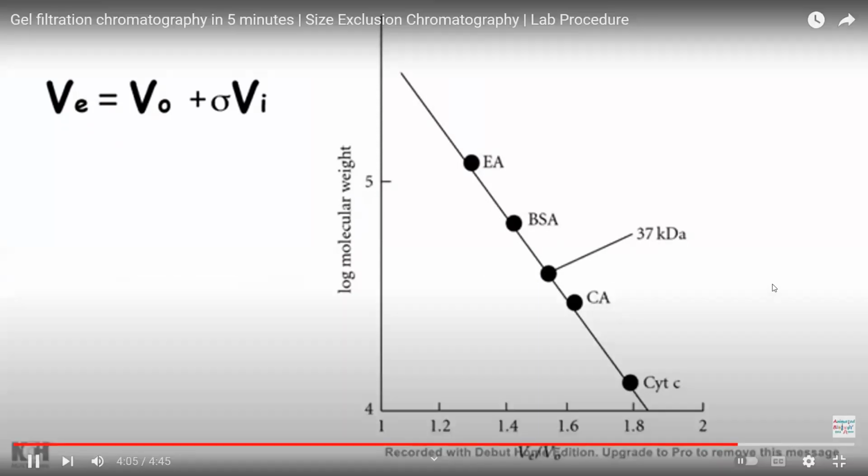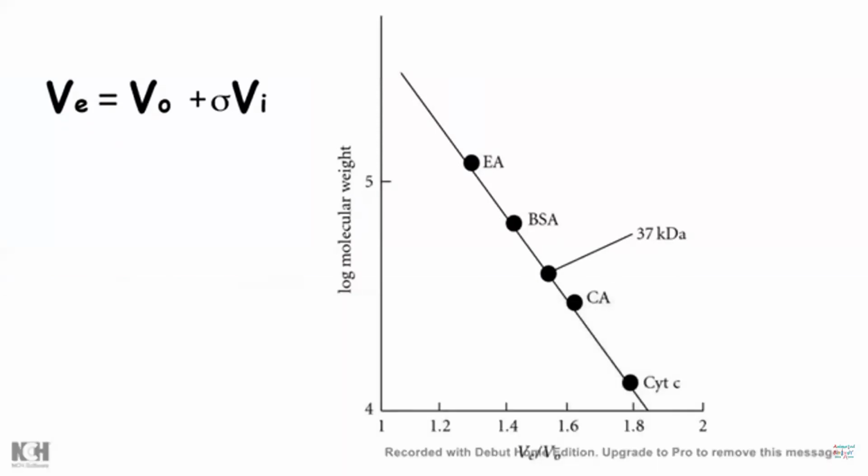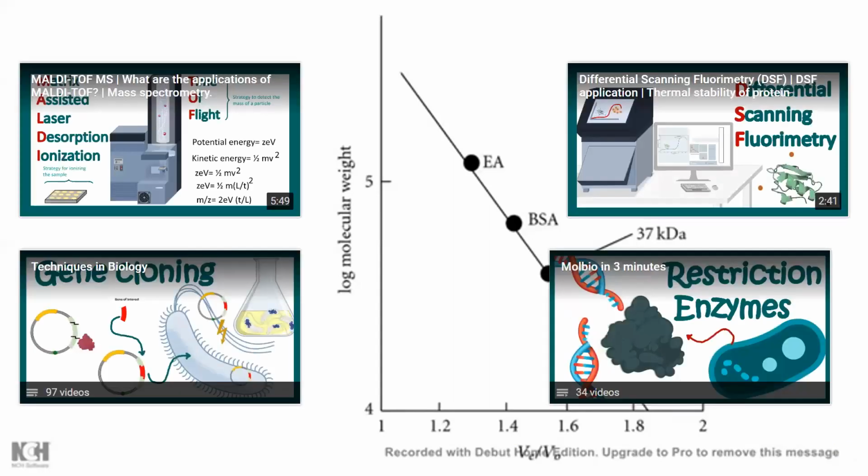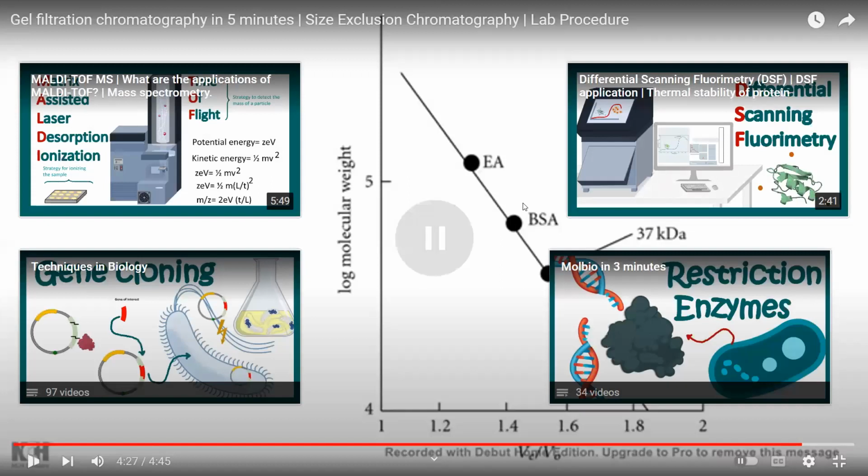Let's say we have a few standards such as BSA, cytochrome C, etc., which have different molecular weights, and we construct a standard curve. From that standard curve, we can determine the molecular weight of our protein of interest, because we always get the information about the elution and the void volume of a particular experiment. So from there, we can calculate.